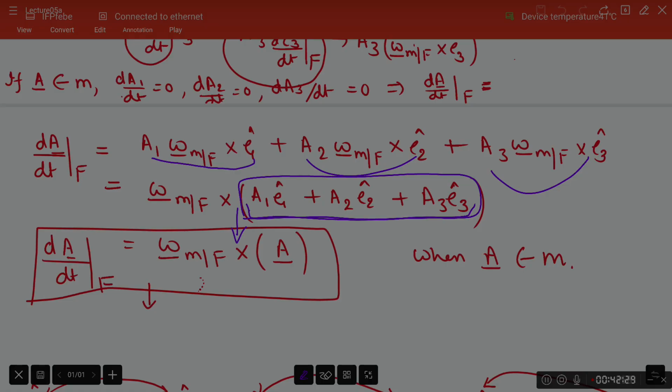In this proof, I have used an M-fixed Cartesian coordinate system when I expressed the A vector in terms of small e1, small e2, small e3. However, the final relationship that we have obtained here is coordinate system independent.